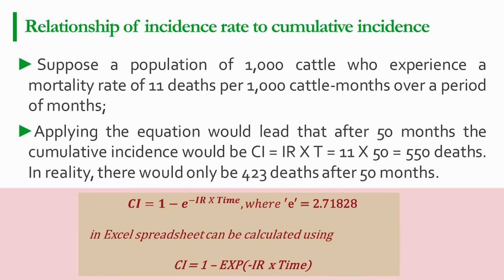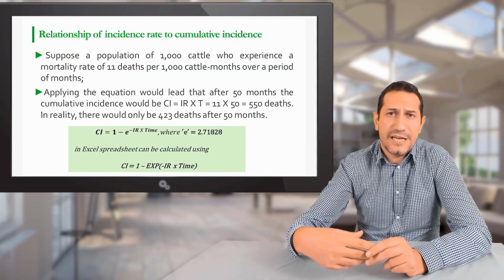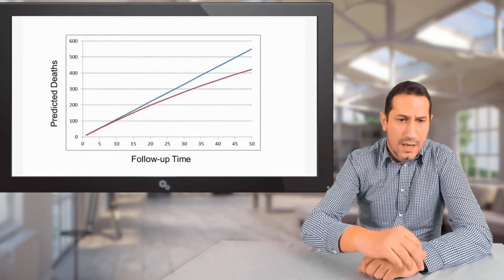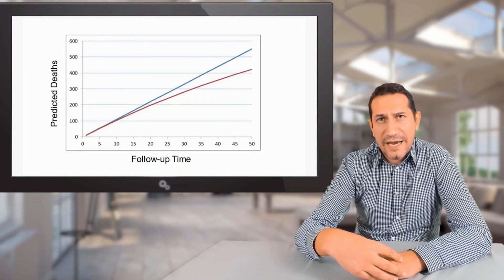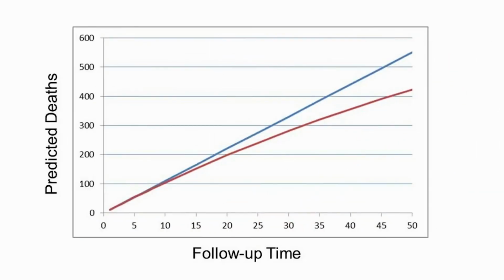If we look at this graph, the blue line is the calculation without the constant implemented, and then there is the improved version of the formula, which gives a slower death rate, or cumulative incidence, over time in 50 months.